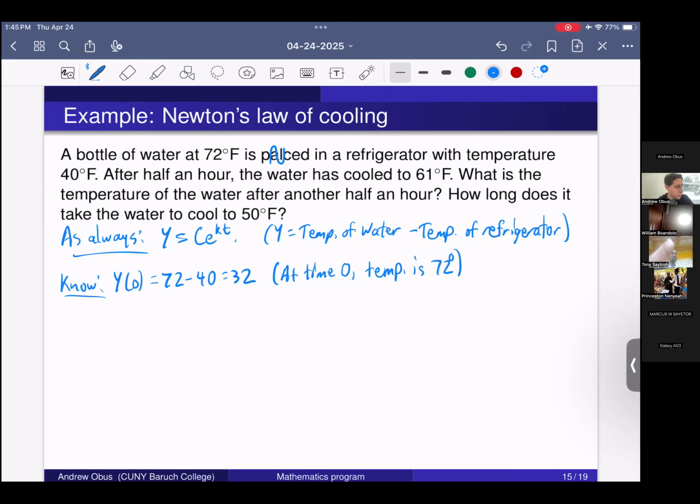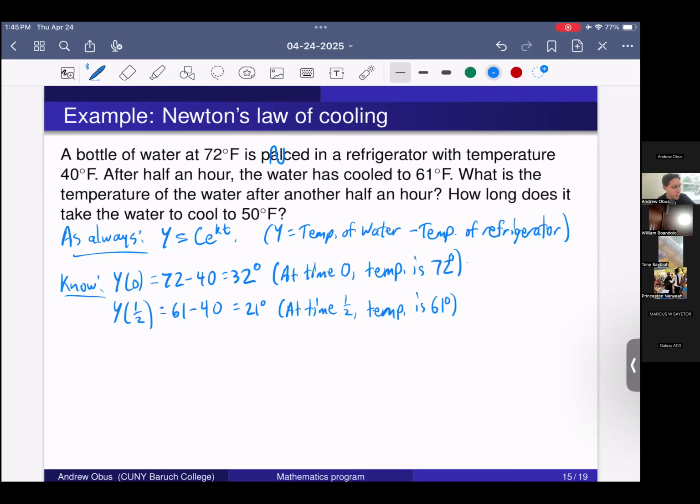So what do we also know? Well, after half an hour, so that's y of 1/2, the temperature is now 61 degrees. So y is 61 minus 40, that'd be 21 degrees, right? At time 1/2, temperature is 61 degrees.